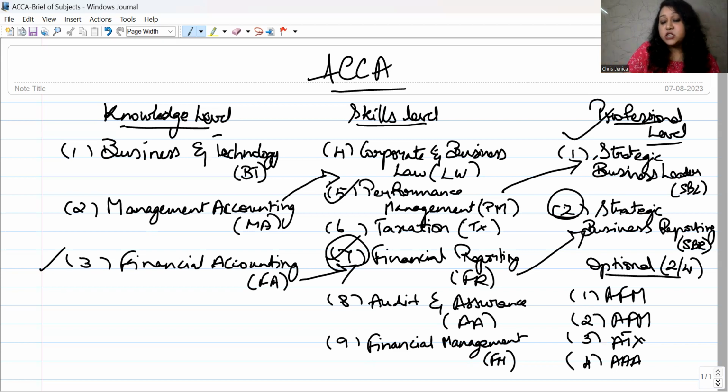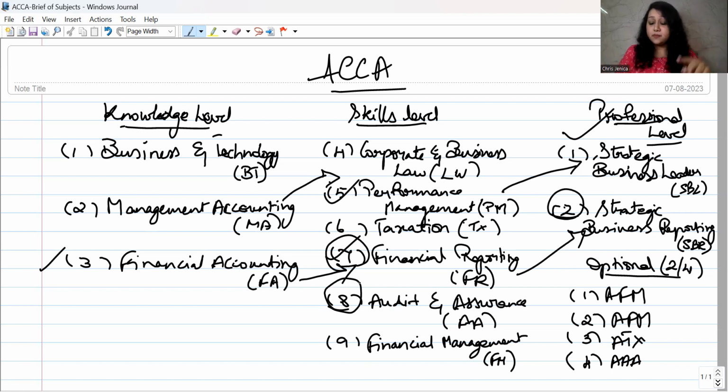Now, once you're very clear with your IFRS standards, you can go for this eighth paper, audit and assurance, as the next paper in your skills level. As I've told, if it's going to be MA, you can choose PM. If it's FA in your knowledge level, that is the last paper, you can choose FR.